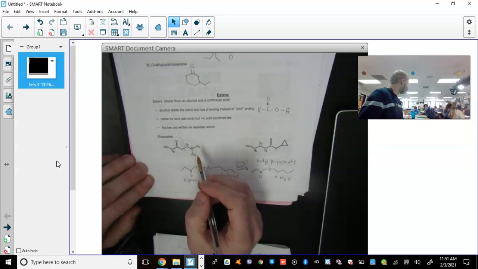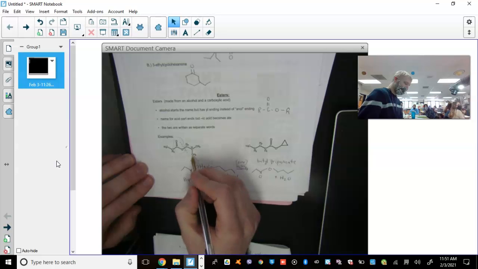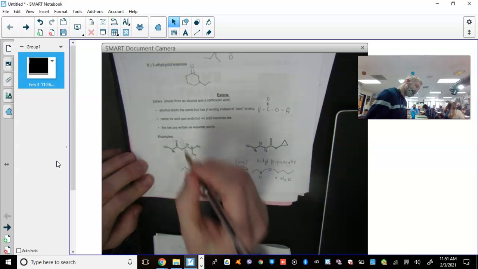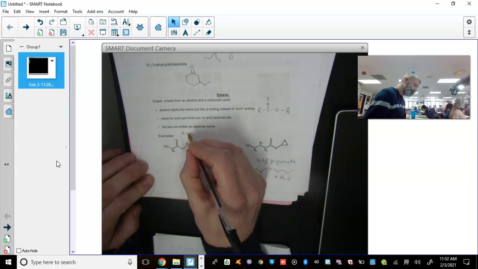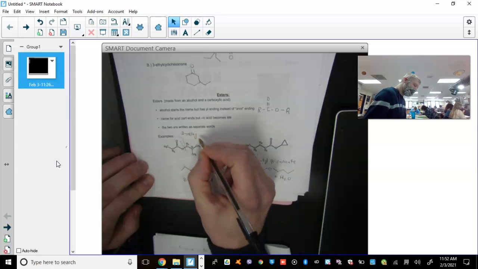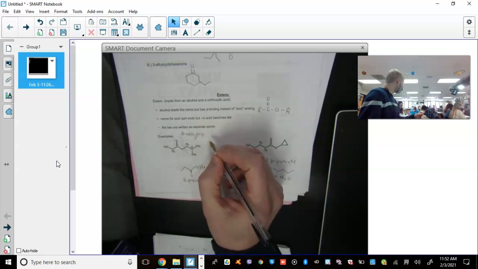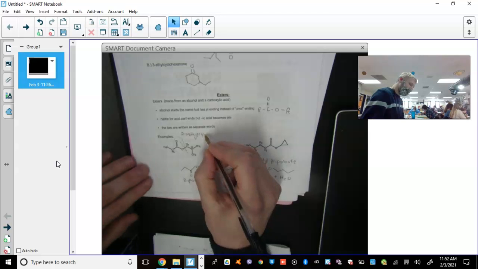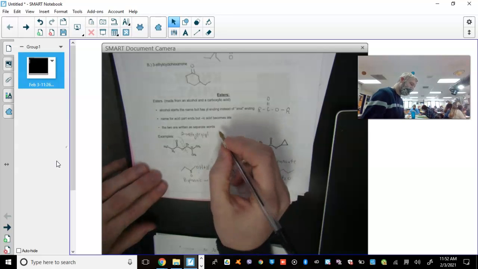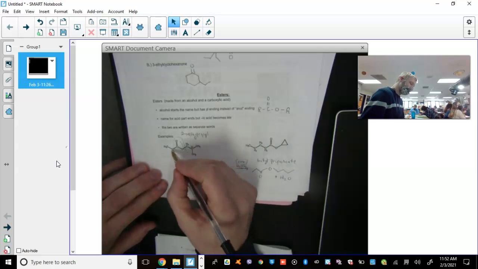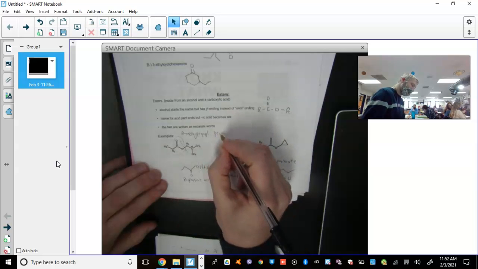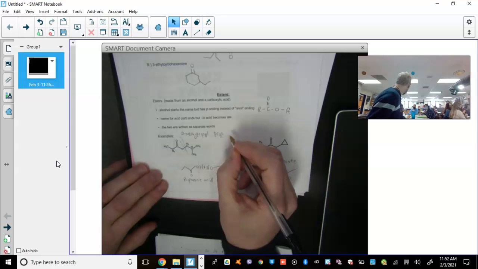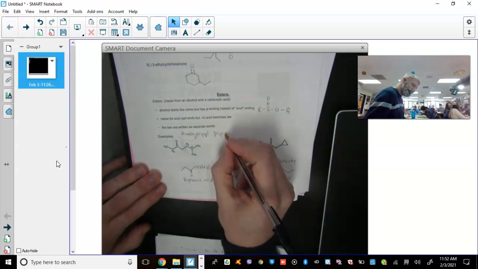That is propanol, but there's a methyl on the second carbon. So we're going to call that 2-methyl. Instead of propanol, we're going to call it propyl. So it's 2-methylpropyl, second word, 1, 2, 3, not propanoic acid, but propanoate.